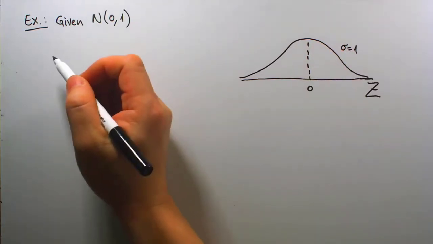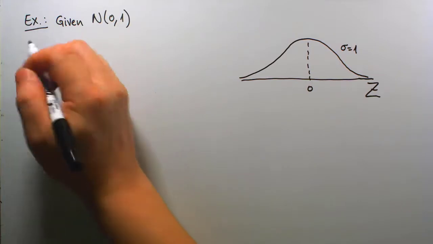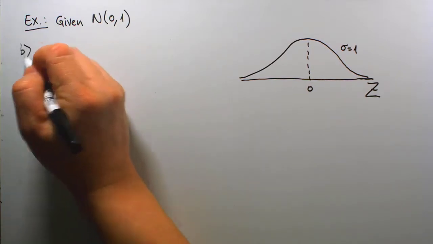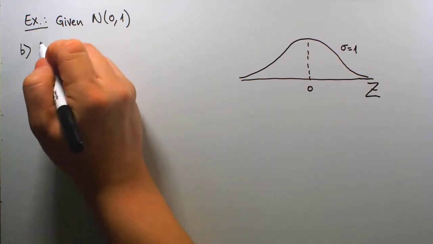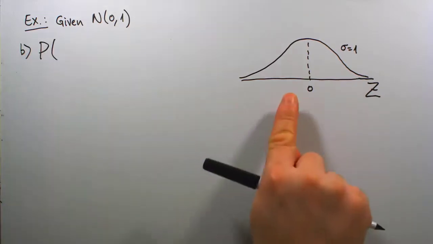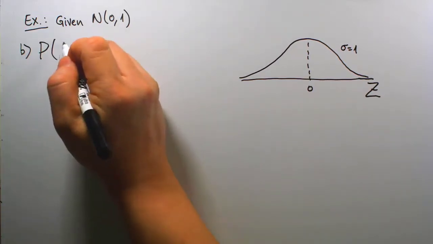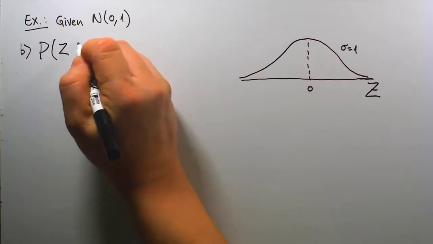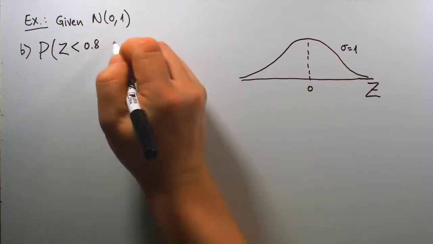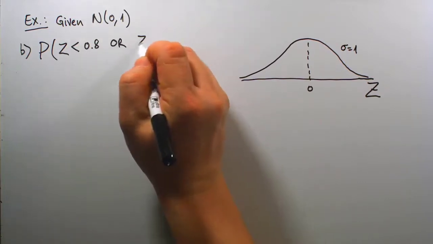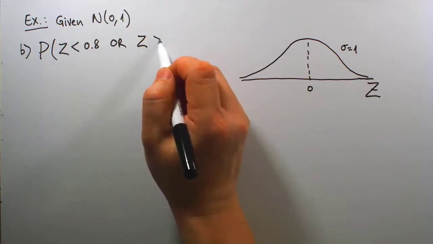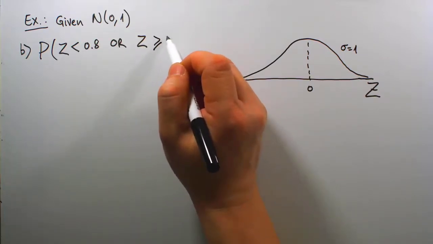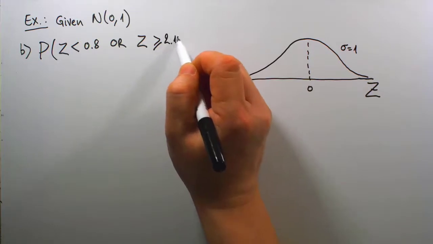Let's look at another problem similar to part A. So here I'm calling that part B. We want to find the probability that on this bell curve we are going to find a z-score that is less than 0.8 or a z-score that is anywhere greater than or equal to 2.15.